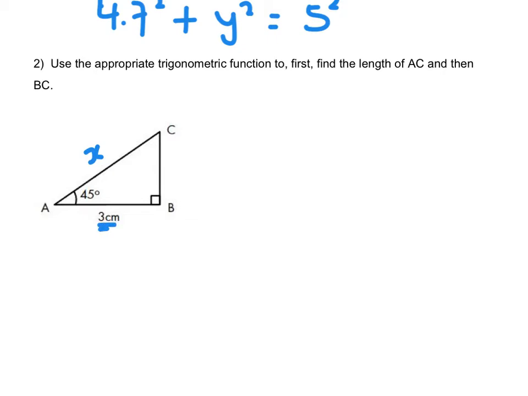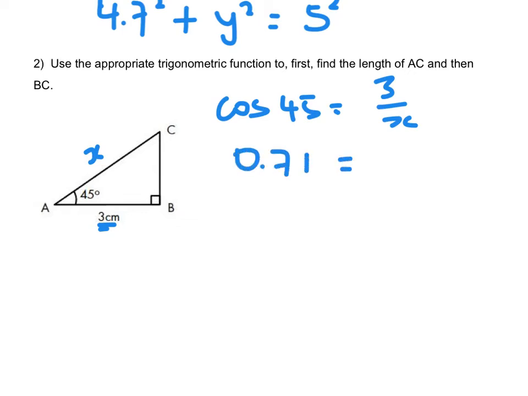So again, it's cosine. So we're going to say that cosine of 45 is equal to 3 over x. Now, let's type into our calculator, what's cosine of 45? Cosine of 45 is 0.71. So 0.71 equals 3 over x.